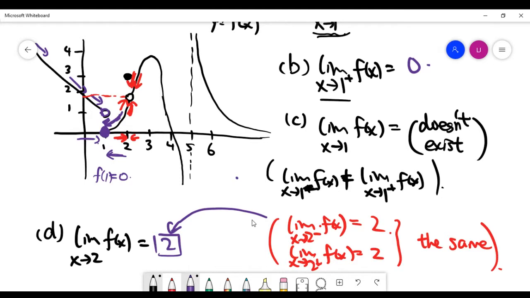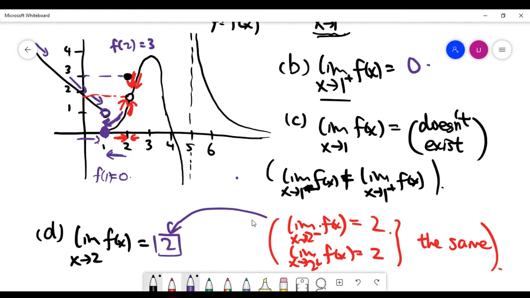You see, although the actual point f of 2 is actually 3, right? But this graph basically gives you a sense that the actual point doesn't matter when you look at the limit problem. We care what value f of x approaches. So please separate the two problems.